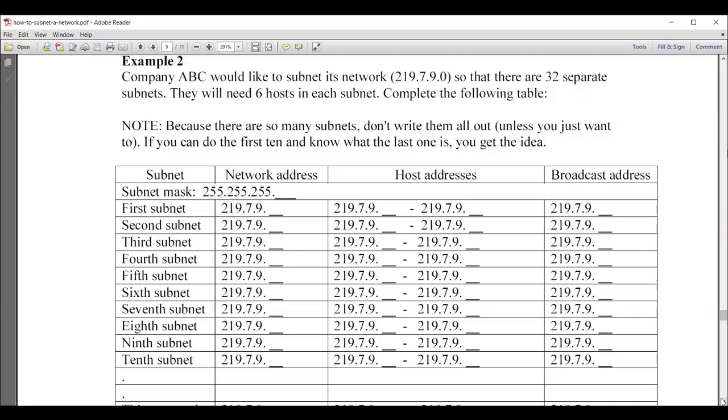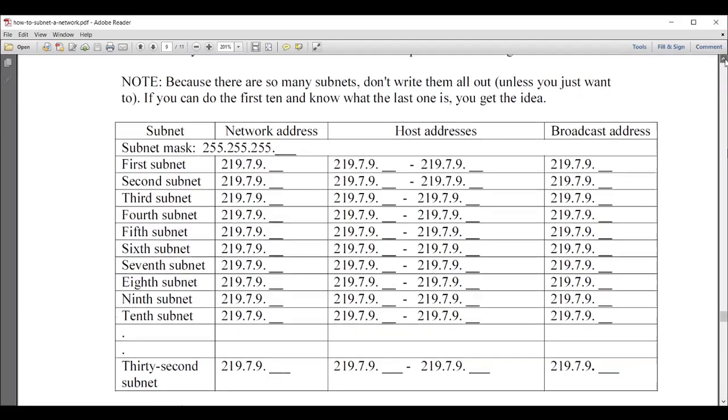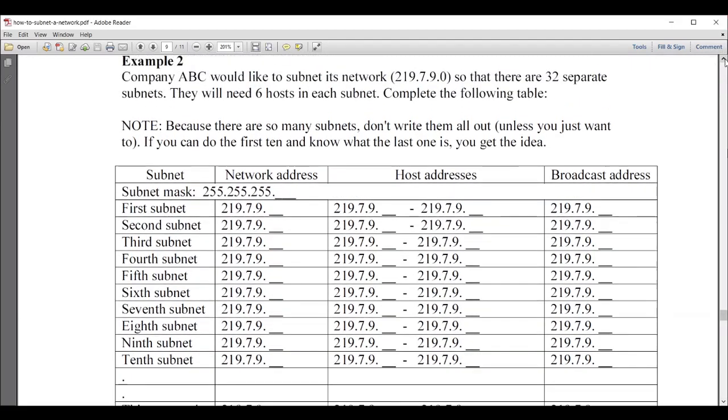If you can do the first 10 and know what the last one is, then you get the idea, right? So you find 10 and then after that the last one. They're asking only for the 32nd subnet, right? All right. So this is the question.